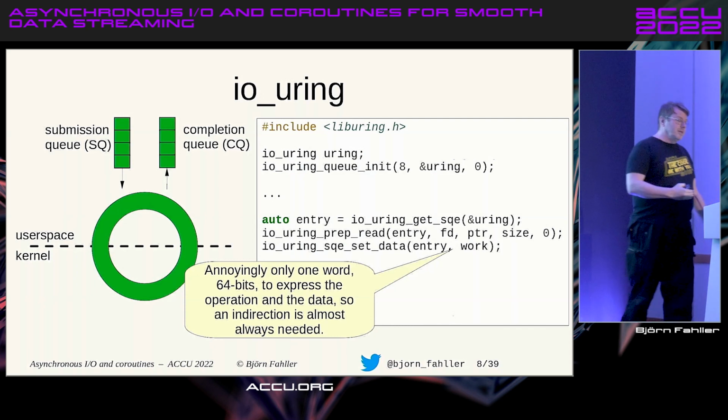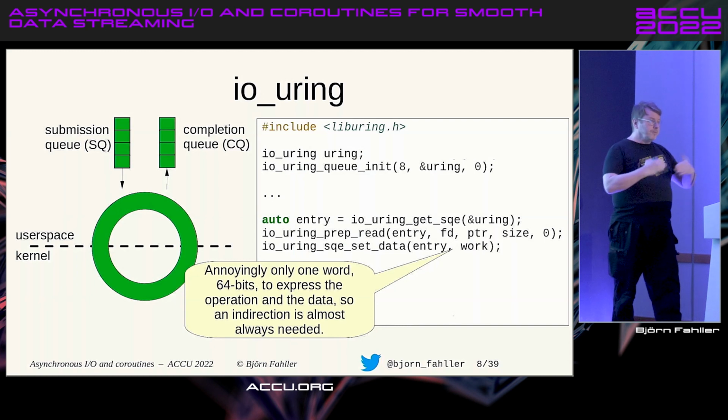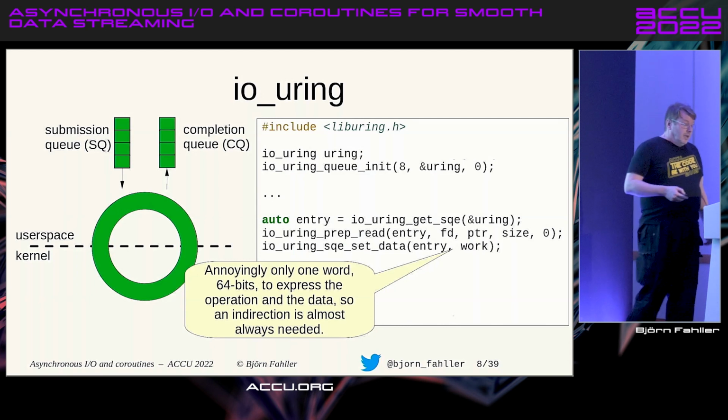And then we can associate this entry with some kind of work so that when we get a completion for the entry, we can find whatever it was we wanted to do, because we may not want to do the same thing for every single packet that arrives, always. 64 bits is definitely enough.